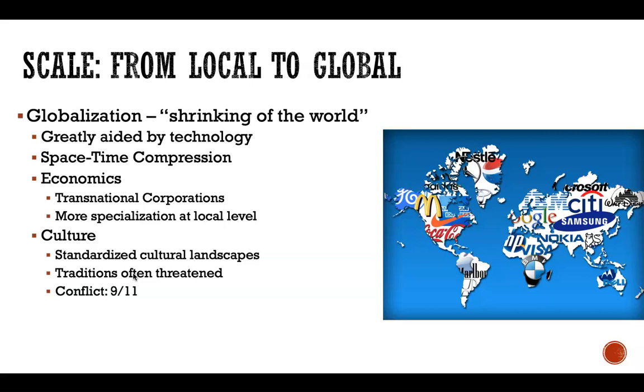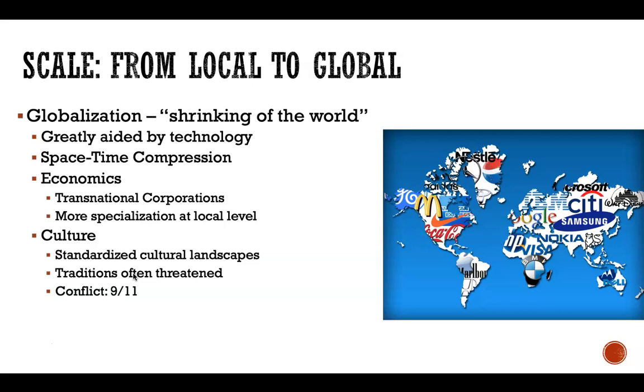Right. What we see here is specialization on a local level. We see that transnational corporations have increased the amount of disparity between rich and poor people. So it's not altogether a great thing economically, but it does get us very cheap goods, and we get all sorts of different imported foods. And so there are some wonderful things that go with globalization as well.